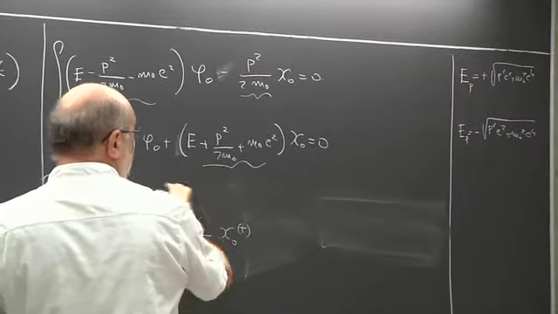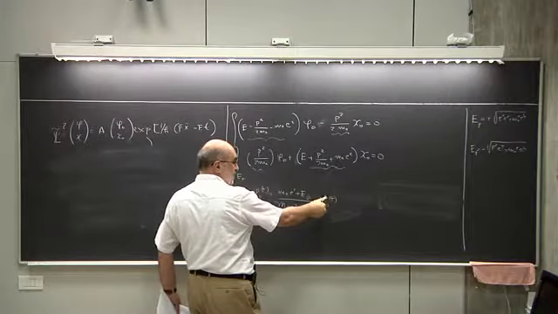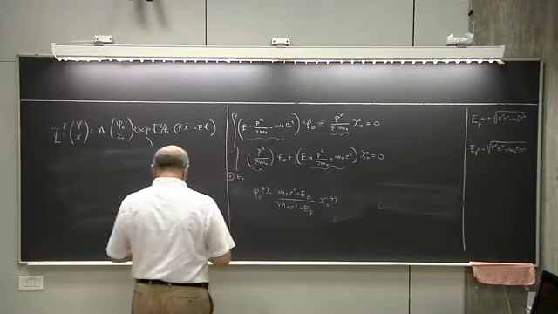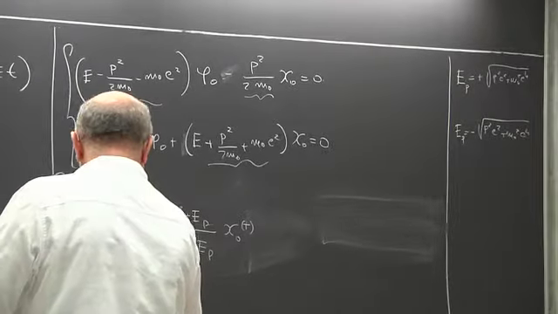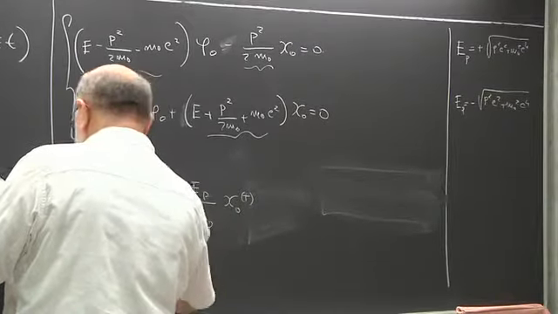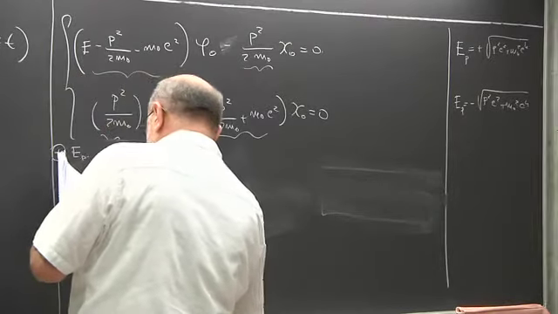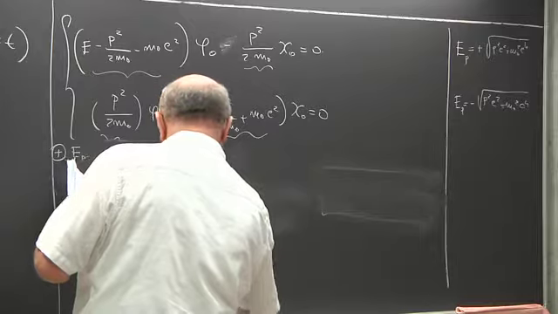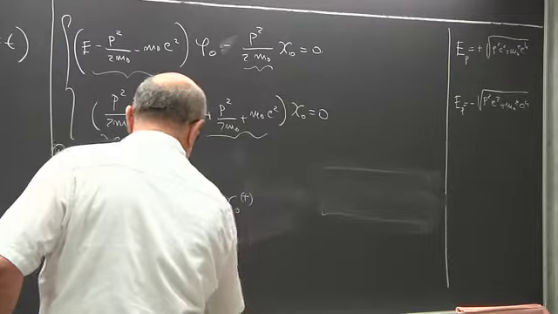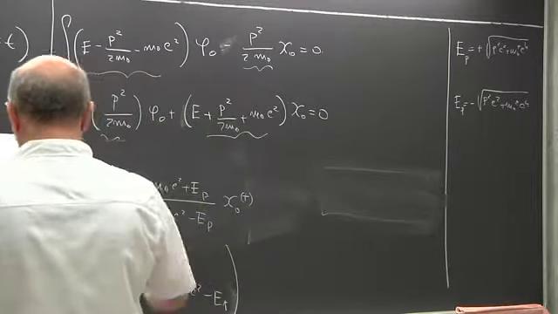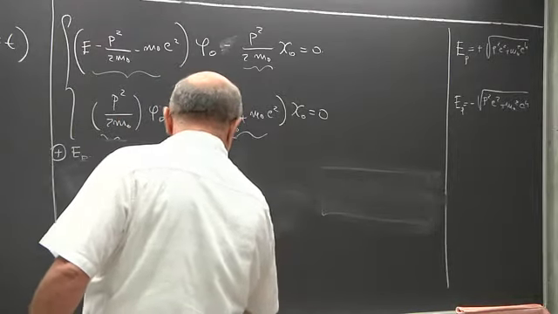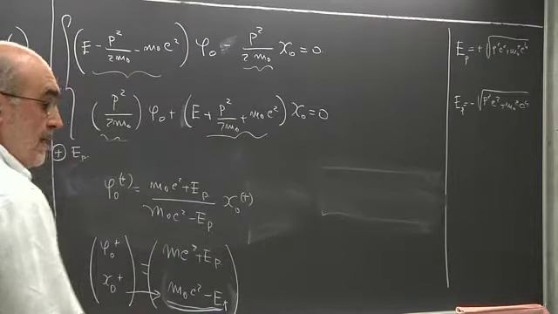So we don't have two unknowns but one, and we are free to determine the other as we like. Let's choose it equal to the denominator so that it gets cancelled. Then the solution is the following: I choose M0 c square minus E_P as chi, and as a consequence of this relation, I get phi. So this is chosen in a free manner.